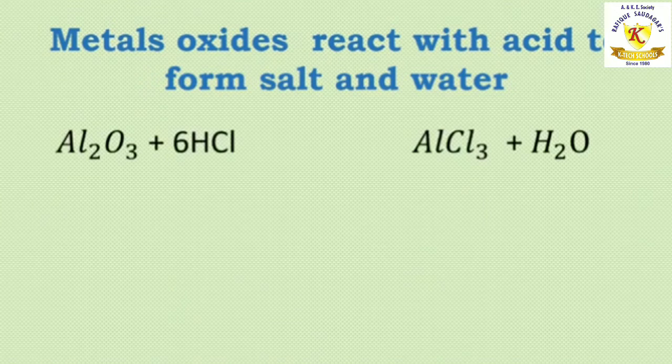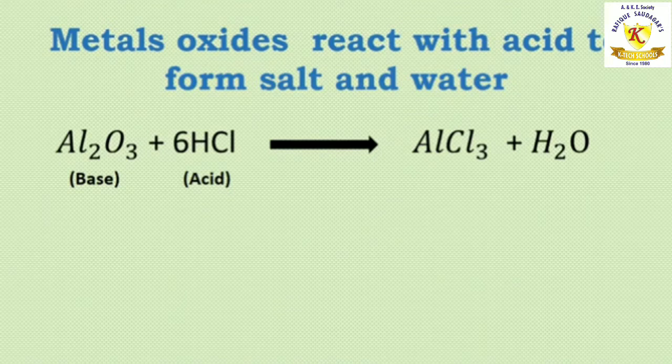Here we have an example. Al2O3, which is a base, plus 6HCl, hydrochloric acid, which is an acid.